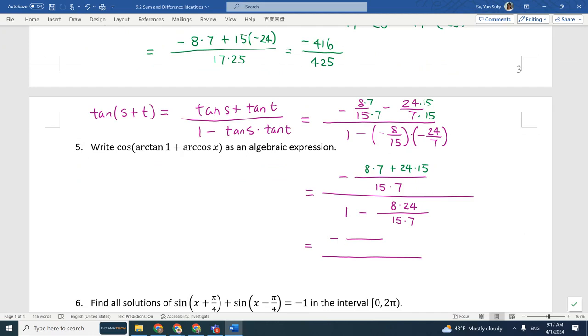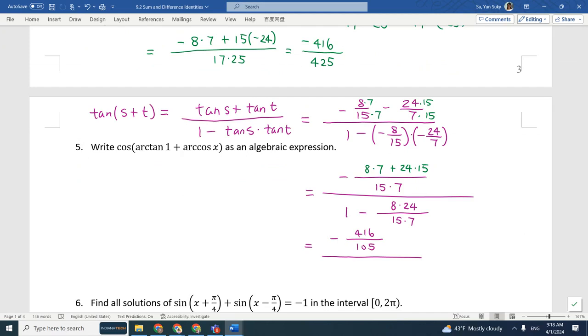Everybody take out a calculator. What is 8 times 7? I know that's 56, but the second one is hard. 416. Thank you. And 7 times 15 is what? 105. Thank you.